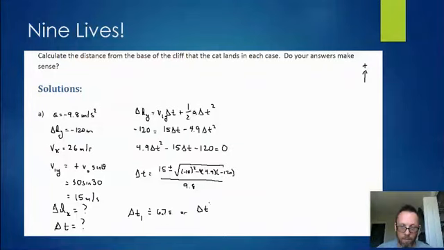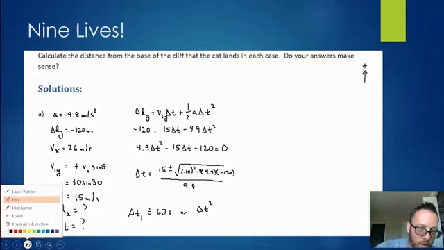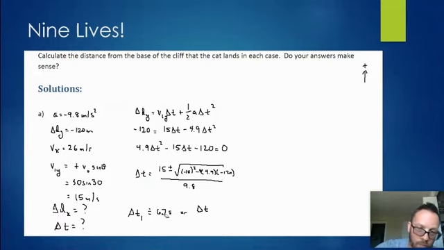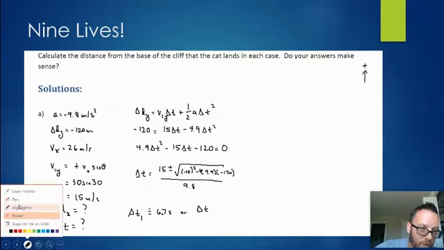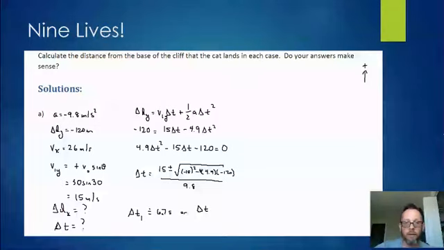That was using addition. Using subtraction, we will get a second value. So 225 plus 4 times 4.9 times 120, the second root equals plus 15 divided by 9.8.